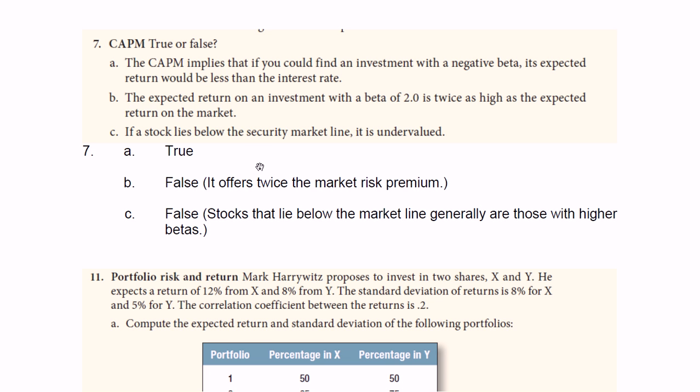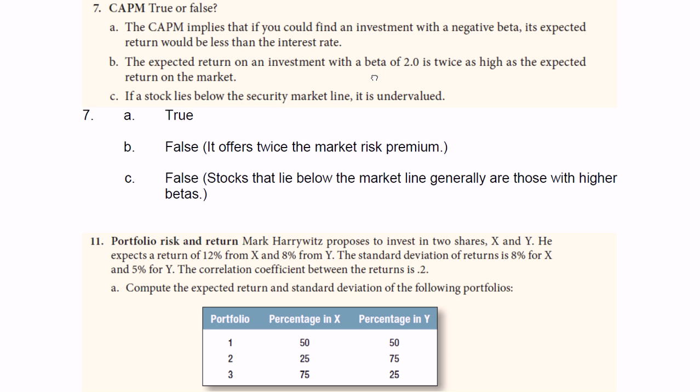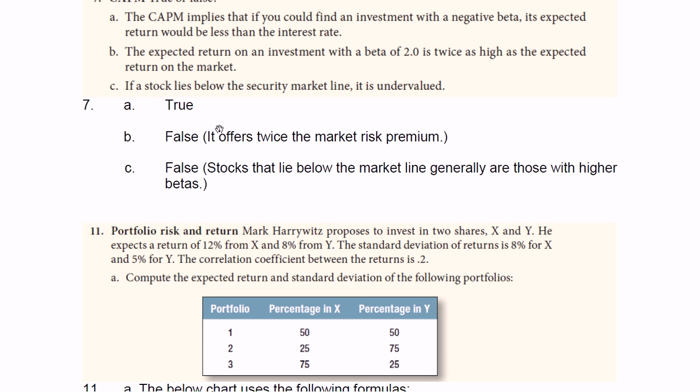B. The expected return on an investment with a beta of 2 is twice as high as the expected return on the market. So it's false, because the beta is not multiplied by the expected return on the market. Instead, it's multiplied by the market risk premium.